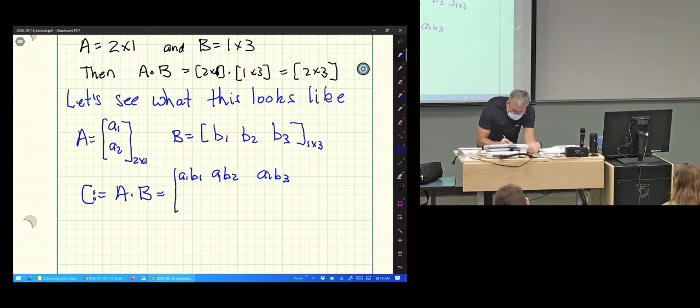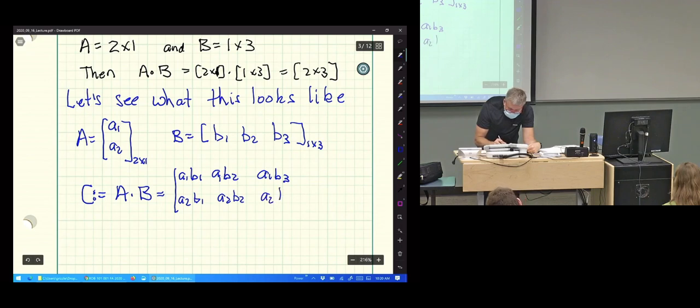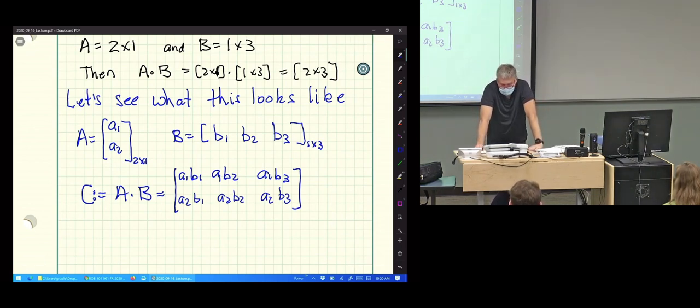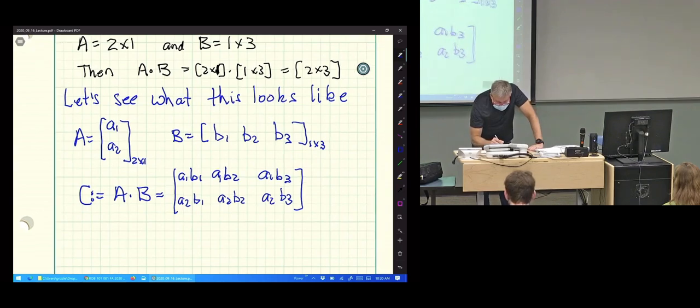And so what's the next one? It's A2 times B1, A2 times B2, and A2 times B3. Okay, so Cij is the ith row of A times the jth column of B. That's it. So that's 2 by 3.